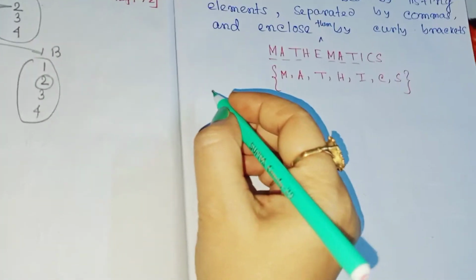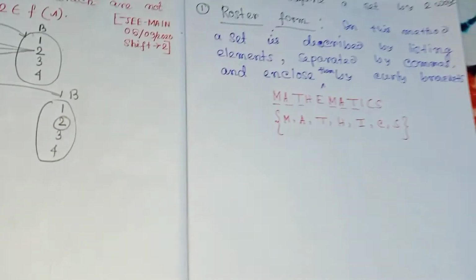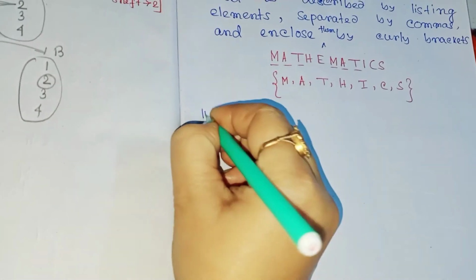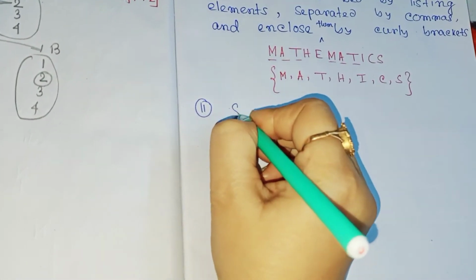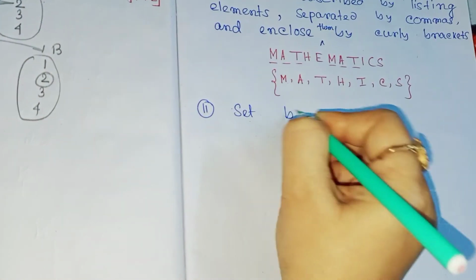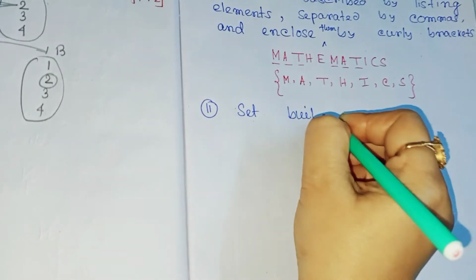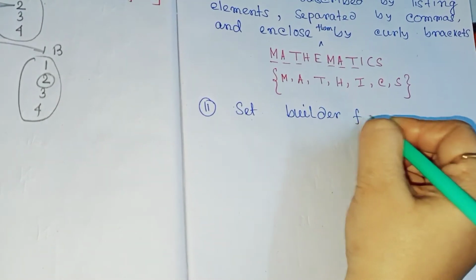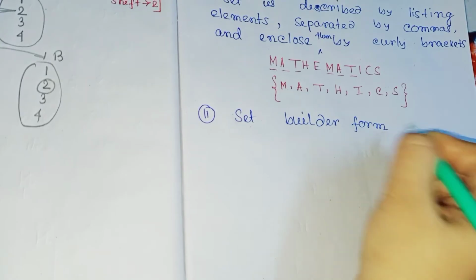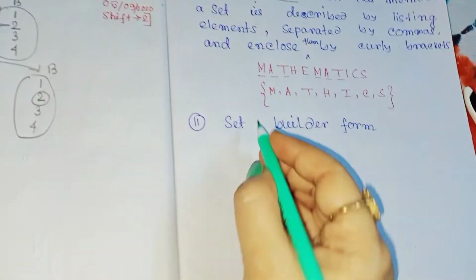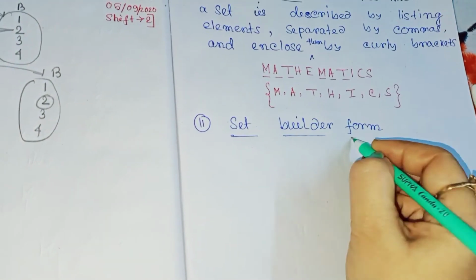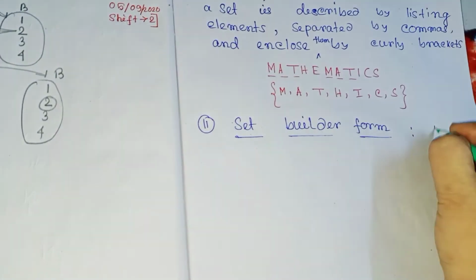So now move on to the second form. Number 2 is the set builder form. Number 1 is the roster form and number 2 is the set builder form. What is set builder form?